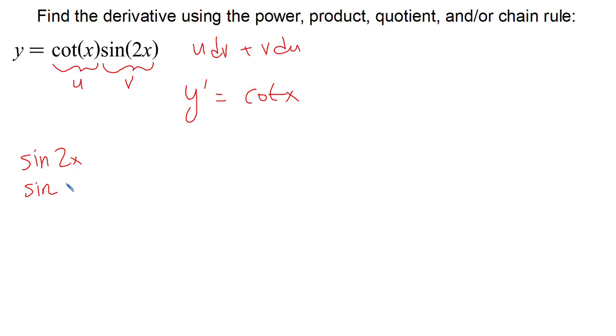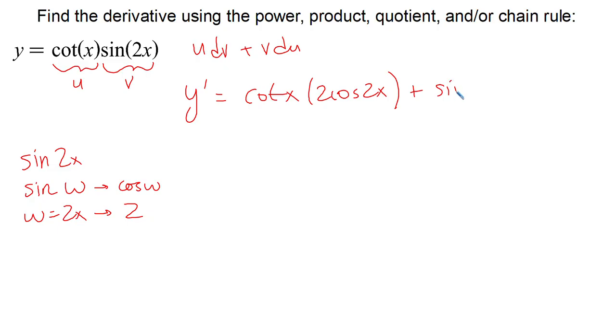We'll call it the sine of w, where w is equal to 2x. Well, the derivative of sine of w would be cosine of w, and the derivative of w would be 2. So we're going to end up with 2 cosine w, or 2 cosine 2x.